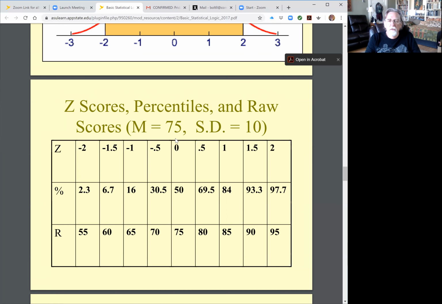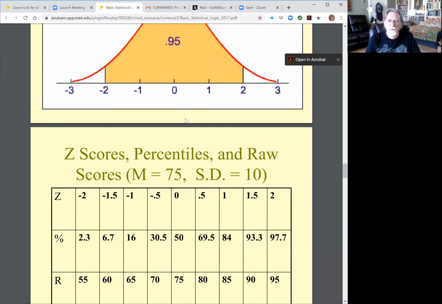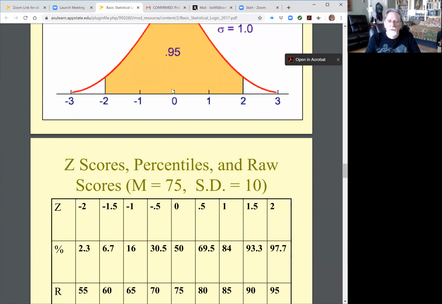Well, at a 0 z-score at the mean, at this point right here, that would be what we would call the 50th percentile. 50% of the area would lie above that value, 50% would lie below that value since it's symmetrical, and we'd say that would be the 50th percentile. And that would represent a raw value of 75 at the mean.